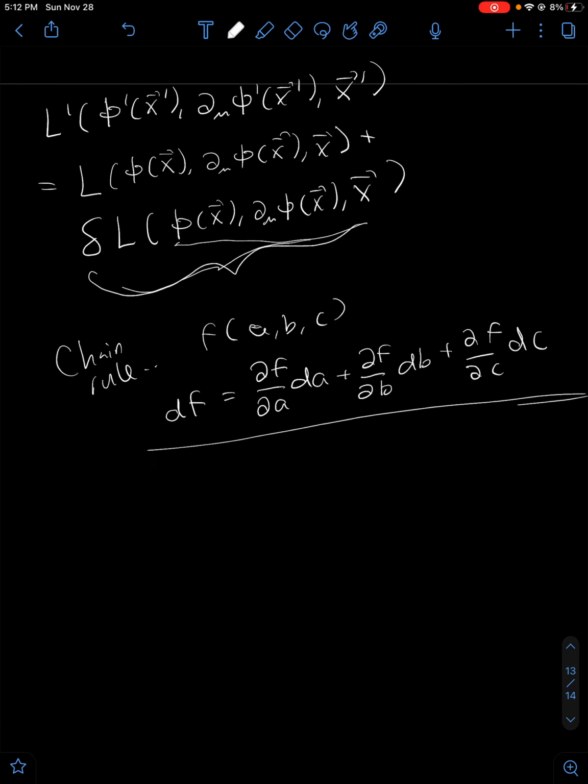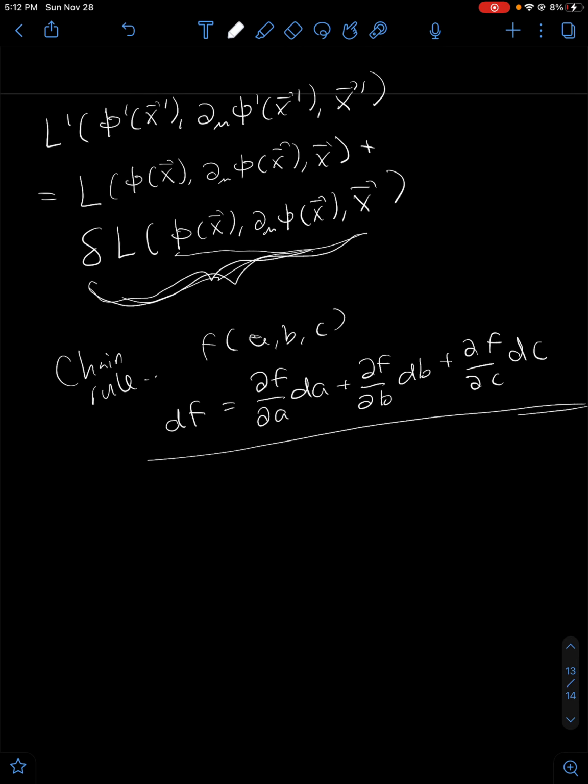That's the multivariable chain rule, right? So we do the same thing for this infinitesimal Lagrangian.